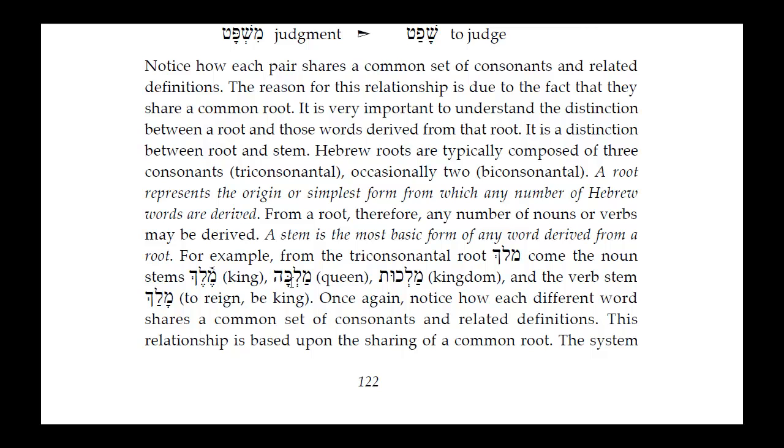We get Malka for queen, Malkut for kingdom, and the verbal stem Malak, to reign or to be king. Once again, notice how each different word shares a common set of consonants and related definitions. This relationship is based upon the sharing of the common root.